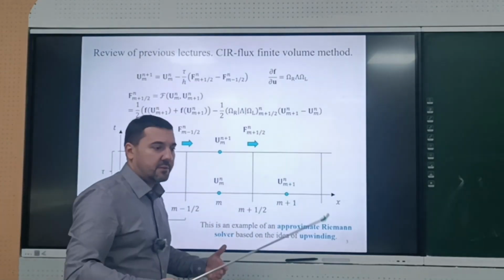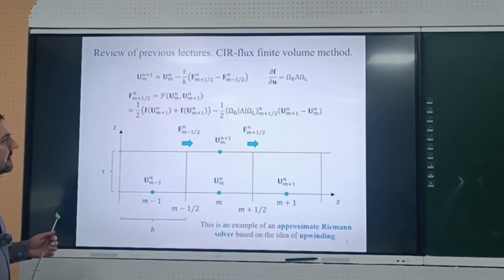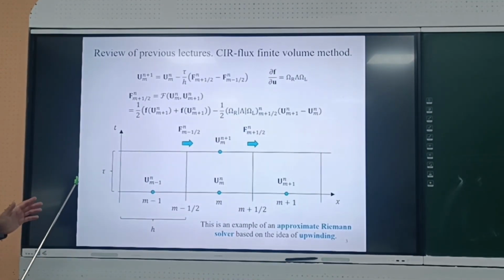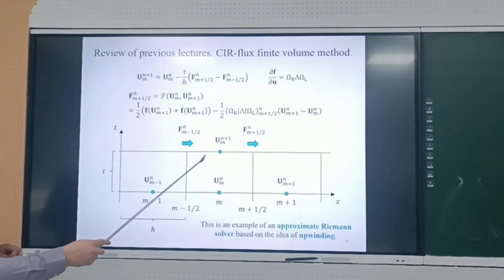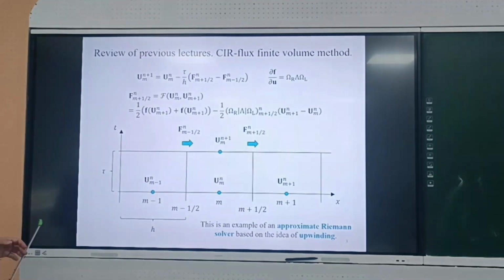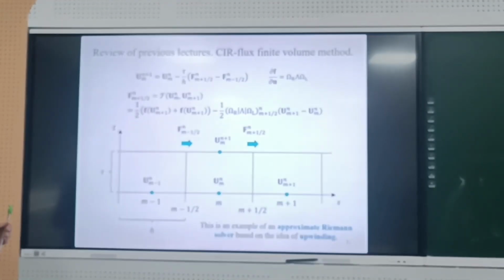This can be done in a straightforward manner. And today I will show you how this numerical flux can be implemented in a real program, in a solver for the solution of gas dynamic problems.